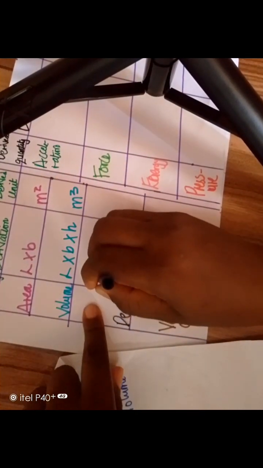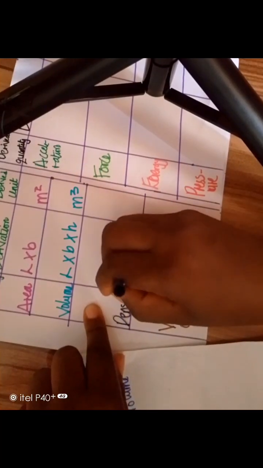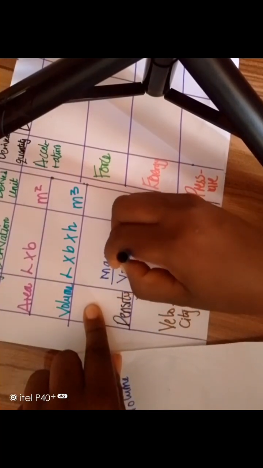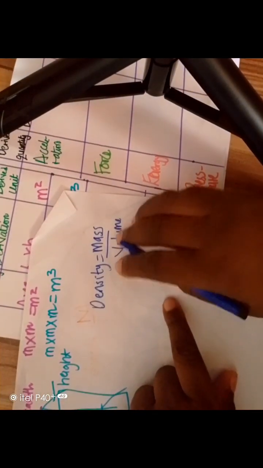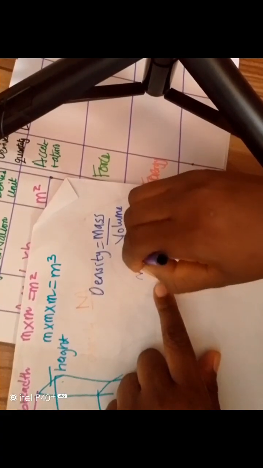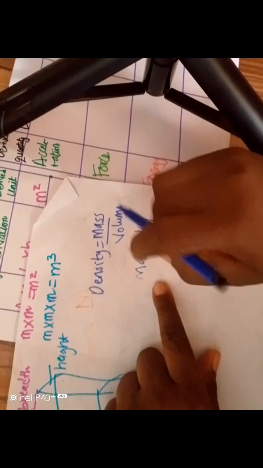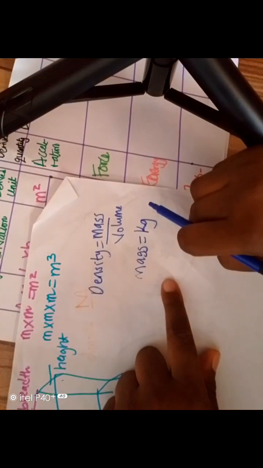It's mass over volume. So what is it telling us? We know from our fundamental units, which we have done, that mass is measured in kg.